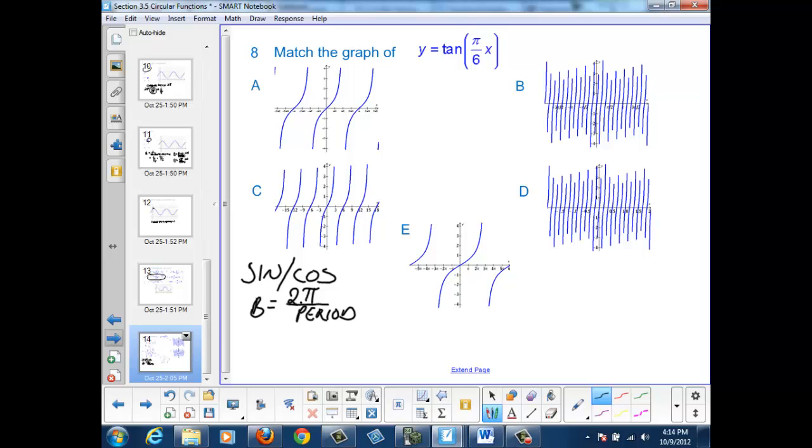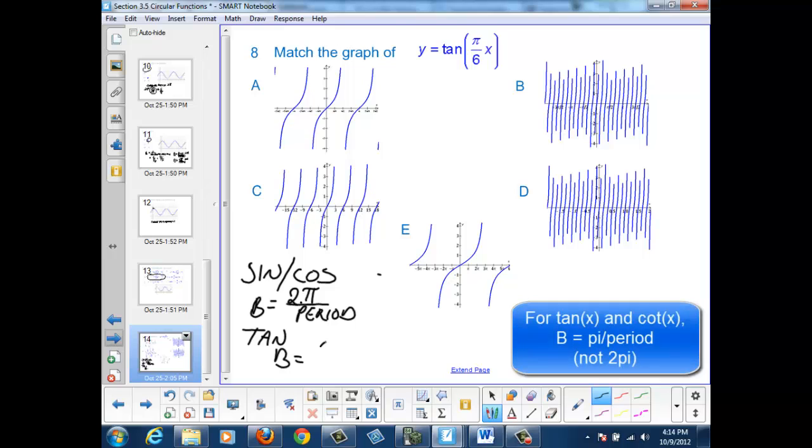That's because the period of sine and cosine originally is 2 pi. As we've learned, the period of the tangent is not 2 pi. The period of the tangent is 180 degrees or pi. So the tangent b formula would be pi over the period instead of 2 pi over the period.